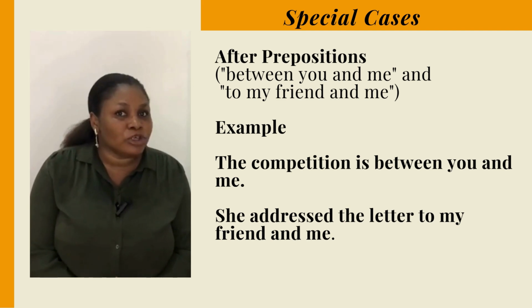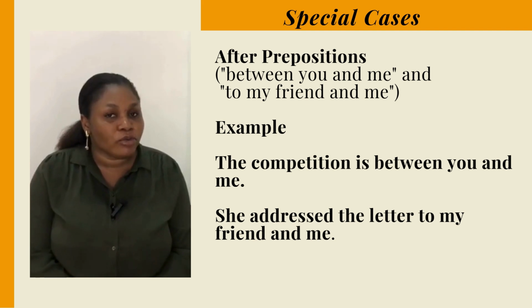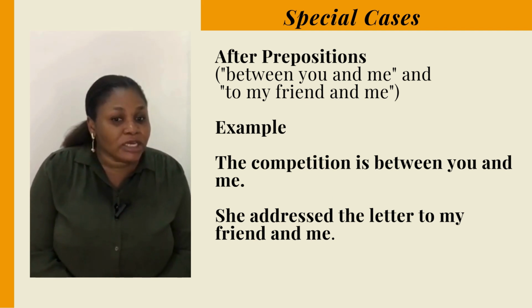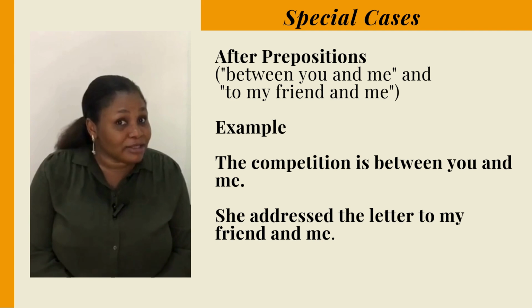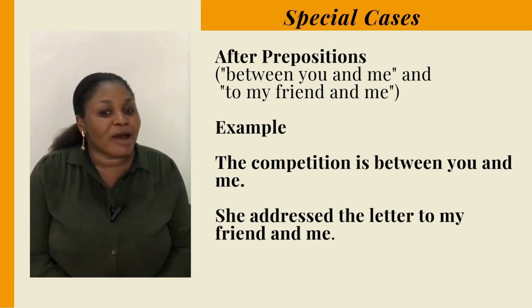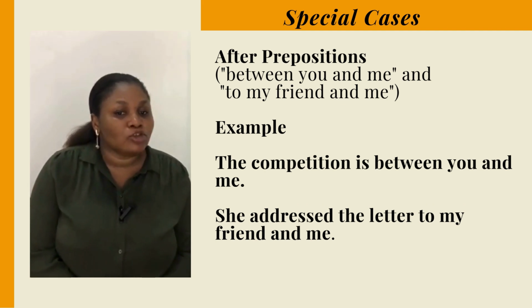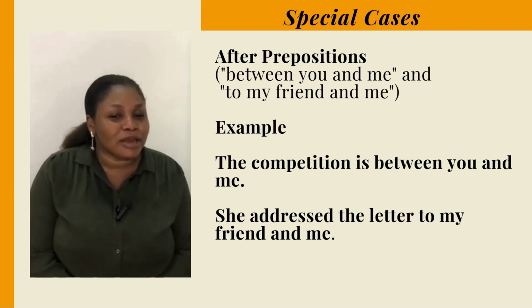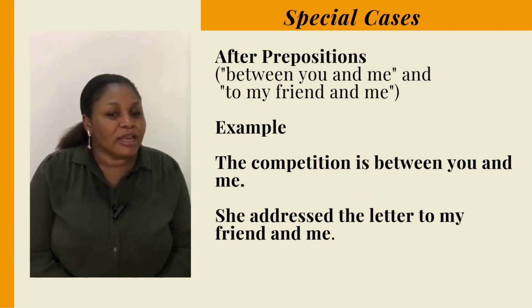So the right one to use is me. You're comparing two people, you and me. And between is the object of comparison, okay? The next one is: she addressed the letter to my friend and me. To there is the preposition. And so it is only right to say my friend and me and not my friend and I.